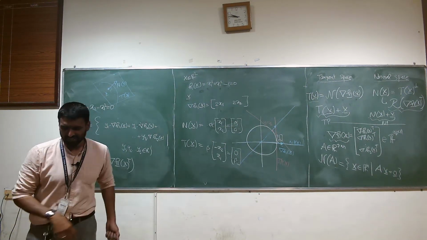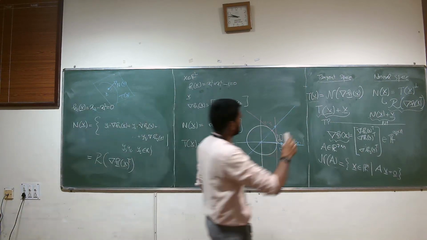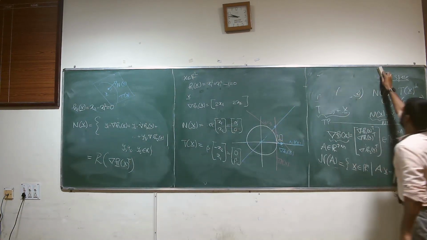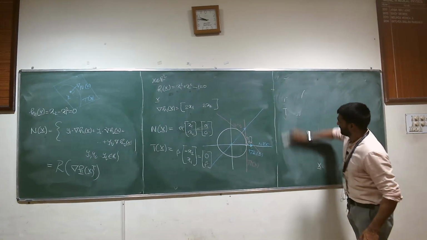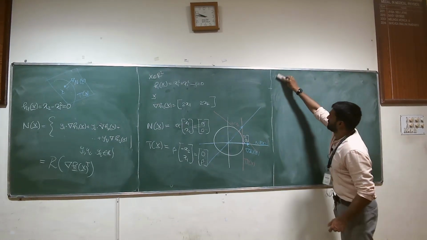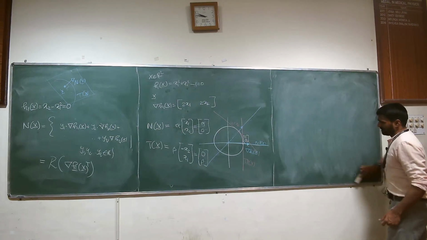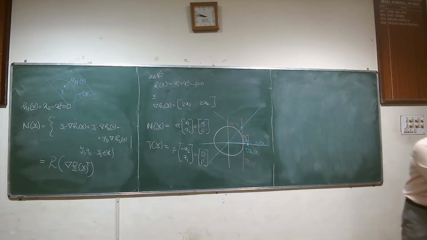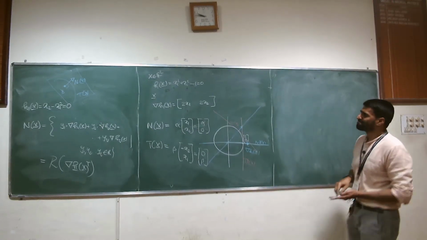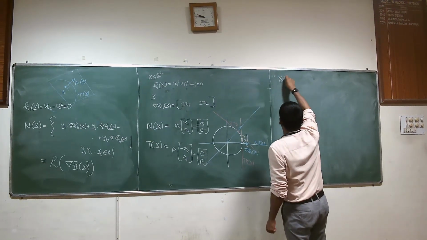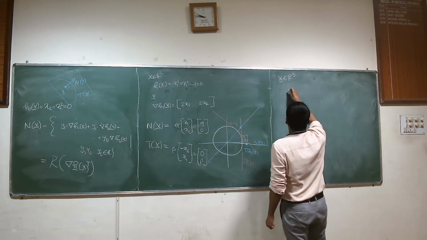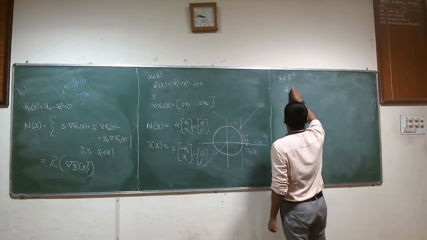Let's do an example in R3 and maybe that helps you visualize things more clearly. Let's say we are talking about x from R3 and we have two constraints.